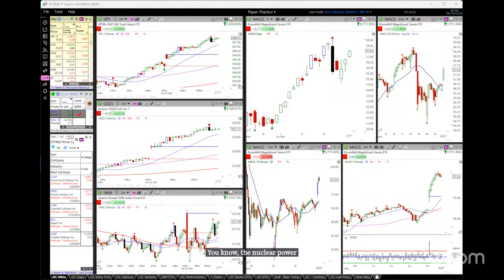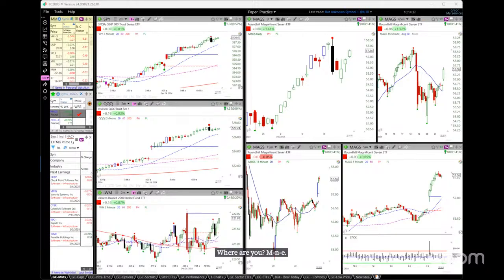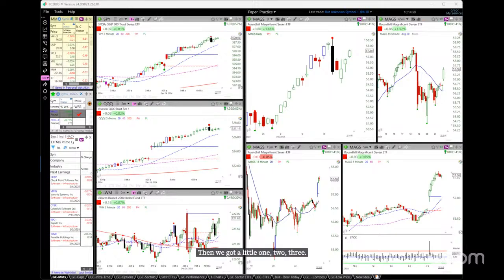Here, I posted this official and then I said to hold off. This NNE. I see, so this one I think is the same sector. So I like this one better now for Thursday. Then we got a little 1, 2, 3. I'll set an alarm at 28.